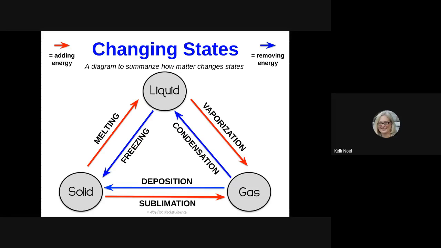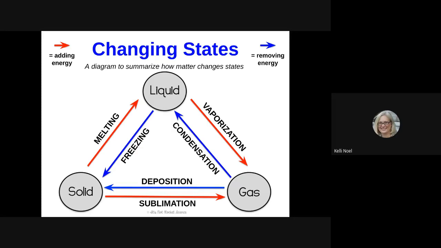And then two terms here that you might not be as familiar with. You can actually go from a solid straight to a gas, and that is called sublimation. So label your diagram there. The red arrows are the ones on the outside.